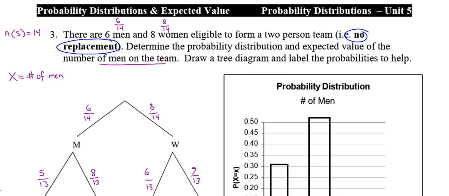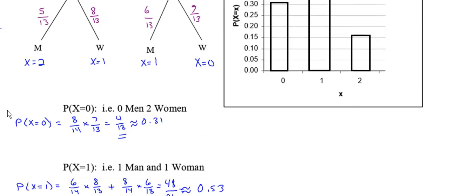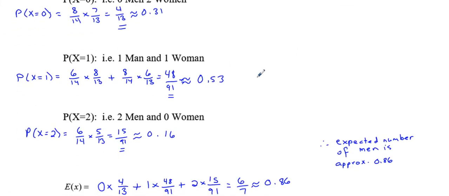Now, from Unit 2, you may or may not remember, anytime there is no replacement, instead of using the tree diagram, you can just complete this question using NCR. So another way you could have answered this question is: the probability that the number of males is equal to 1.